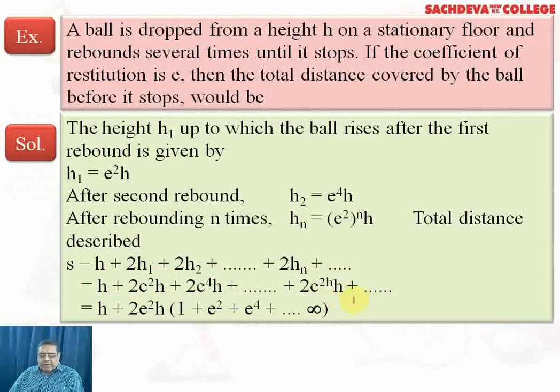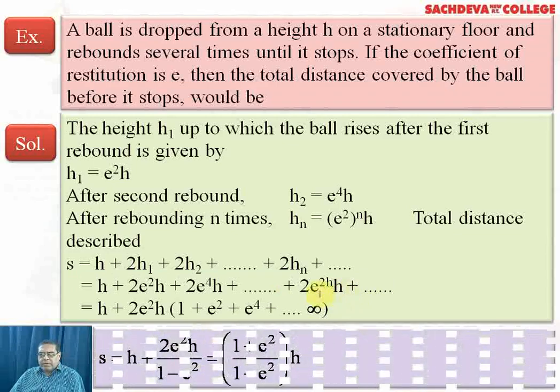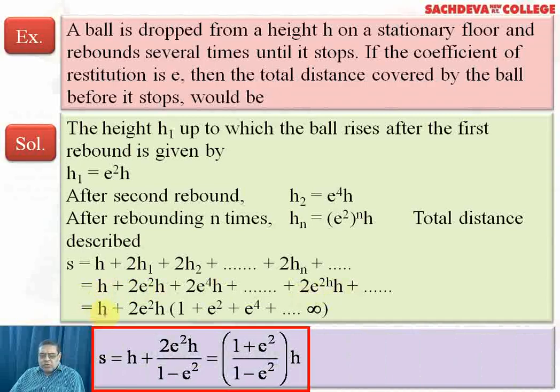Now we have to use a formula where the sum of this series up to infinity will be a over 1 minus r. So S is equal to h plus 2e square h over 1 minus e square, and that is equal to (1 plus e square) over (1 minus e square) multiplied by h.